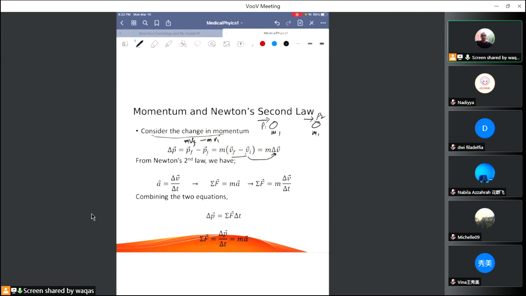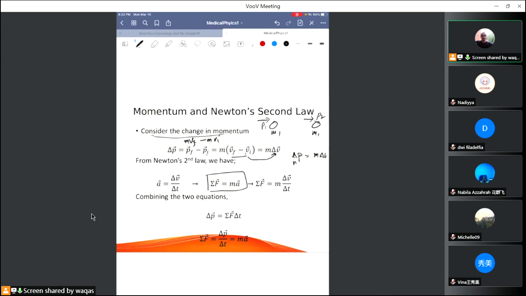From Newton's second law, we have the sum of forces equal to ma. From this equation you can write delta p equal to m delta v.